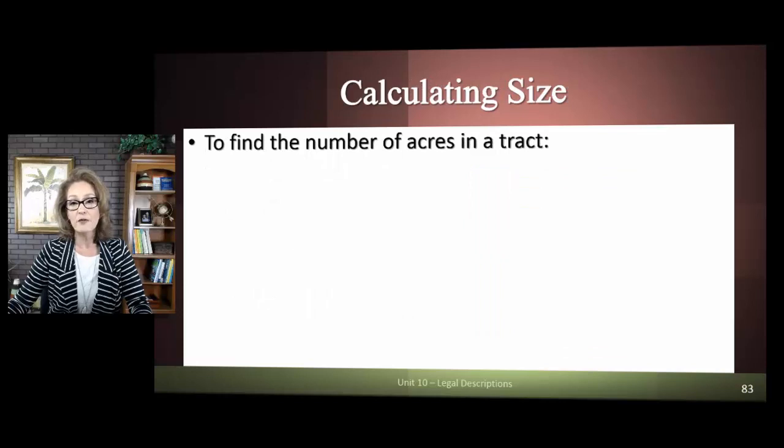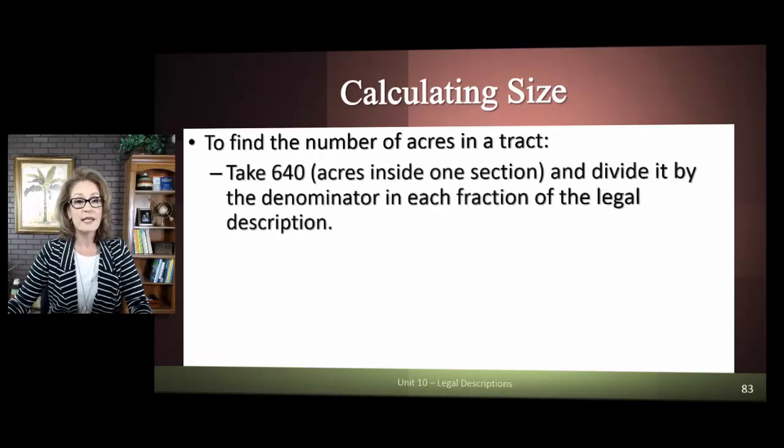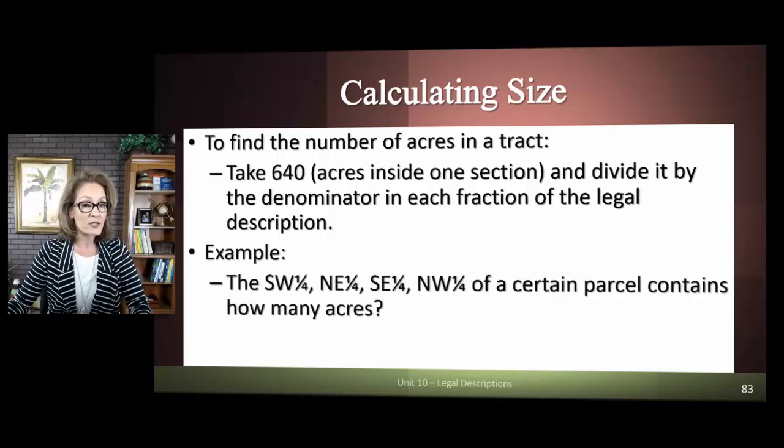To find the number of acres in a tract, take 640 acres inside one section and divide it by the denominator in each fraction of the legal description. For example, the southwest quarter of the northeast quarter of the southeast quarter of the northwest quarter of a certain parcel contains how many acres?